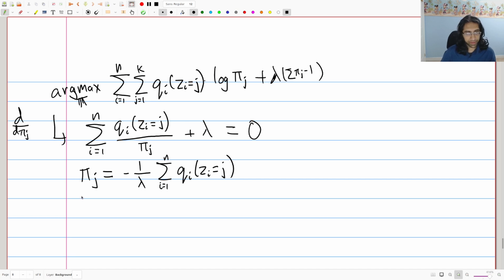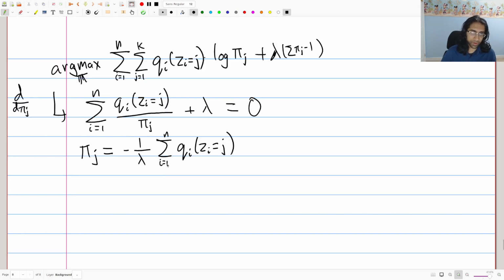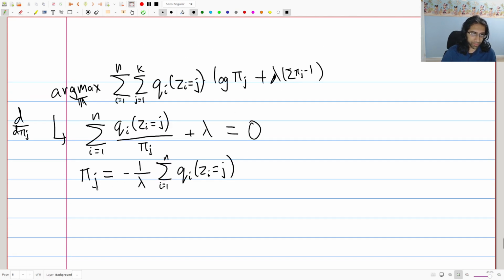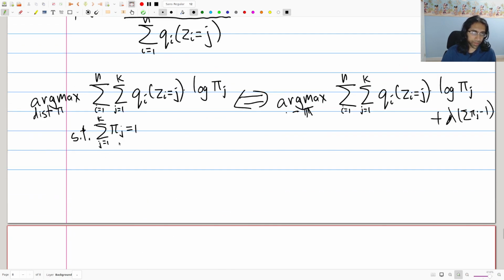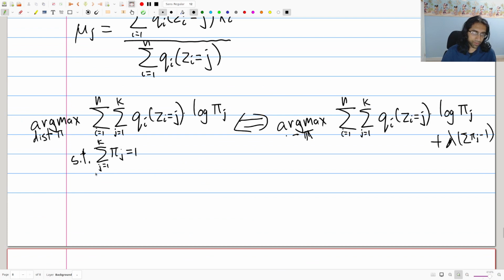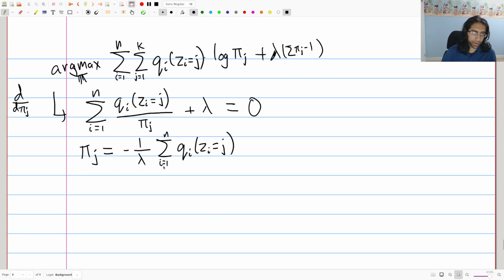This might seem like a weird expression. We have this lambda, and we don't even know what this lambda is. Well, the way we're going to get rid of this lambda is by remembering our constraint. What does the constraint say? It says that if we sum up these pi j, that should equal 1.